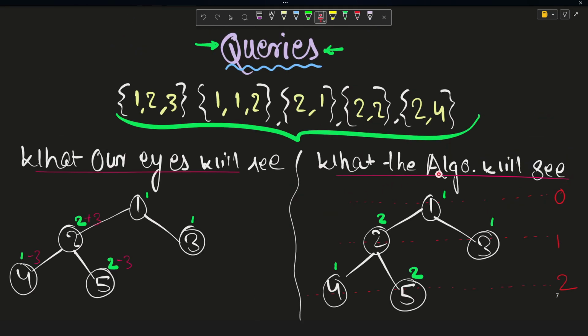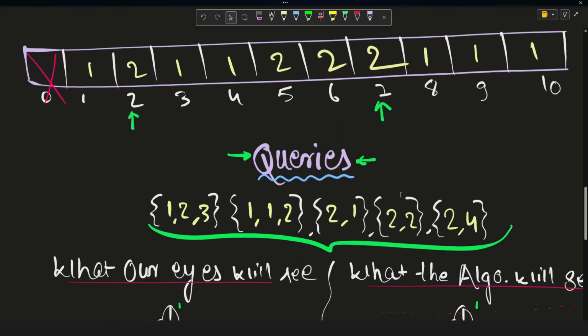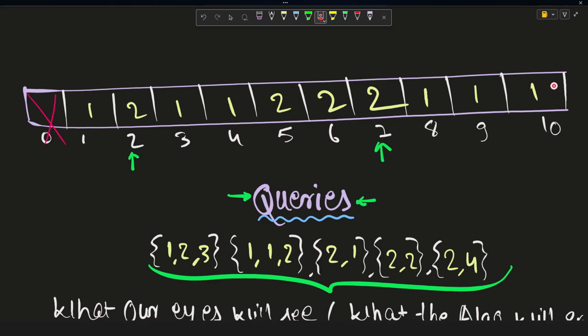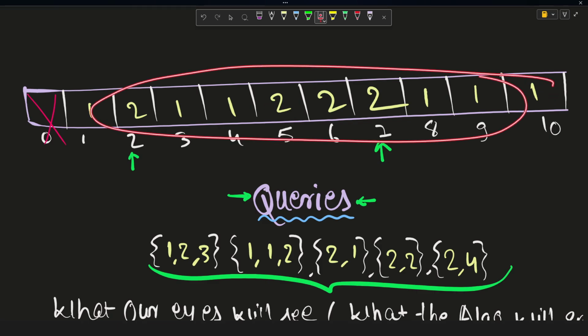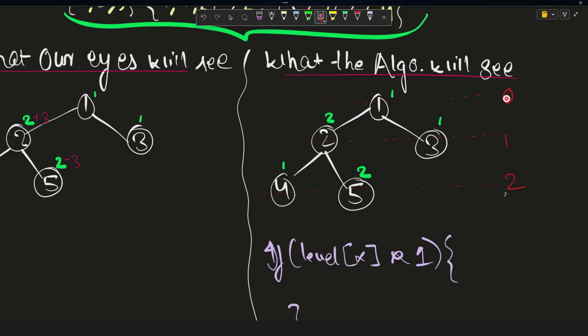And before actually seeing how the algorithm will work for this side, I want to tell you one more thing. This was our Euler tour array, but now what I am telling you to do is, for the even level nodes, since the 0th level and the second level are the even levels, whatever values the nodes we encounter on the even level possess, I will directly write those values in the Euler tour array.